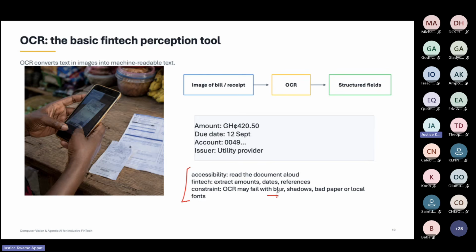These are the type of people you'll be interfacing with. And so your failure point is blurriness. And what introduces blurriness, you don't care to know. All you care to know is that there's a possibility of failing on a blurred image.